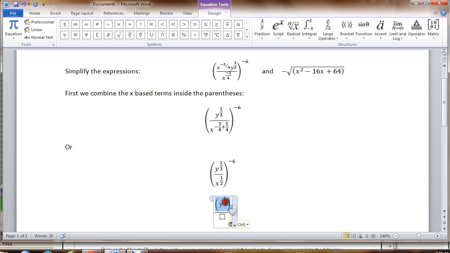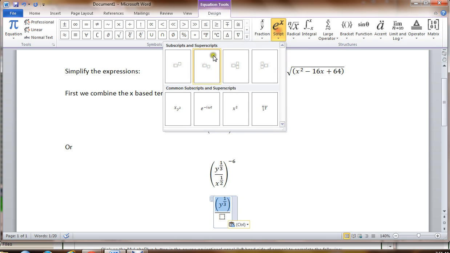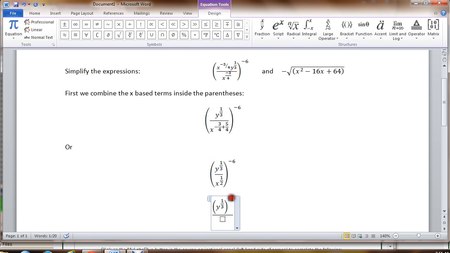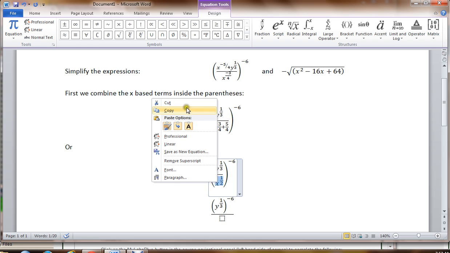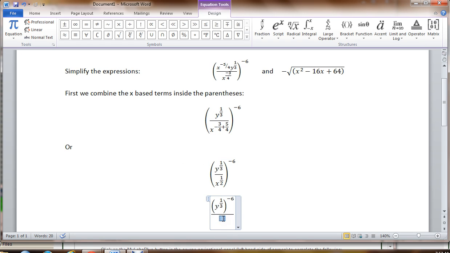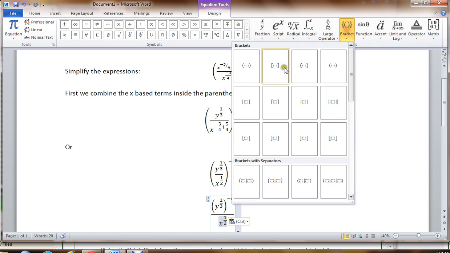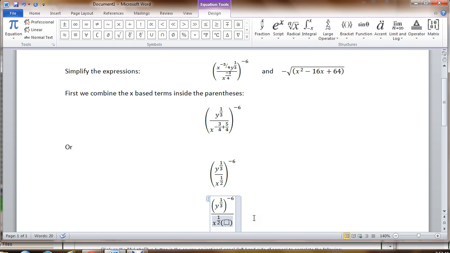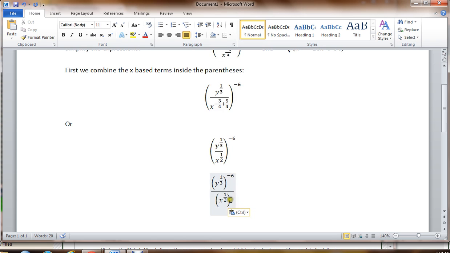And then I can raise this exponent, use the script tool again to raise it to the -6 power. And then in the denominator, I can do the same thing with the x to the 1/2, copy that over, put it in a parentheses, and then raise the whole thing here to the -6 power also.